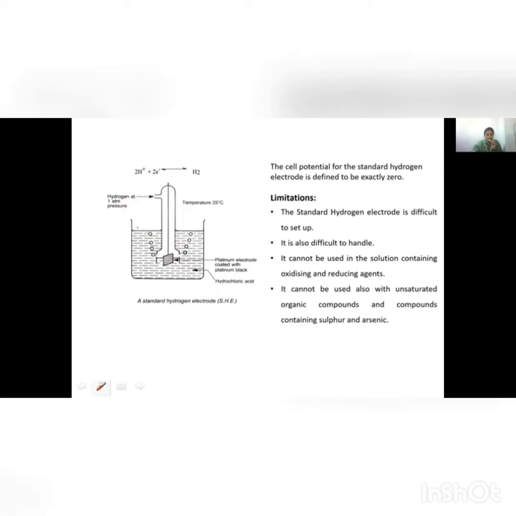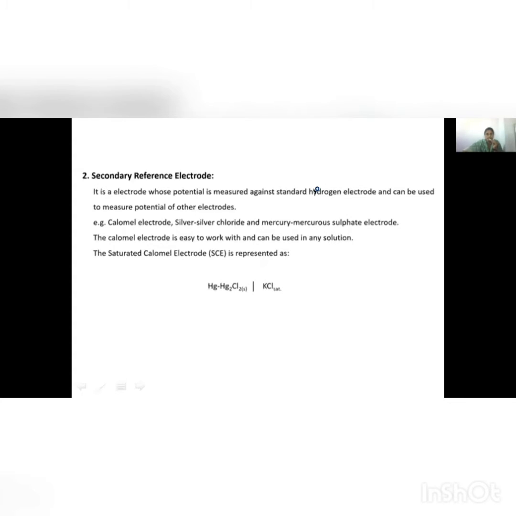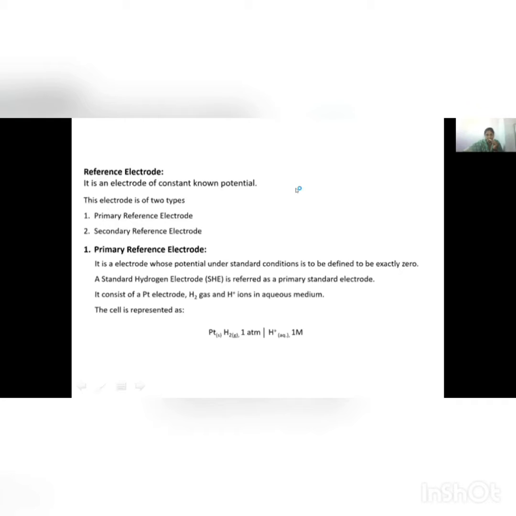The cell reaction for the standard hydrogen electrode is H+ plus electron gives rise to half H2. So this is the equation for the standard hydrogen electrode. And next, this is applied to the Nernst equation.